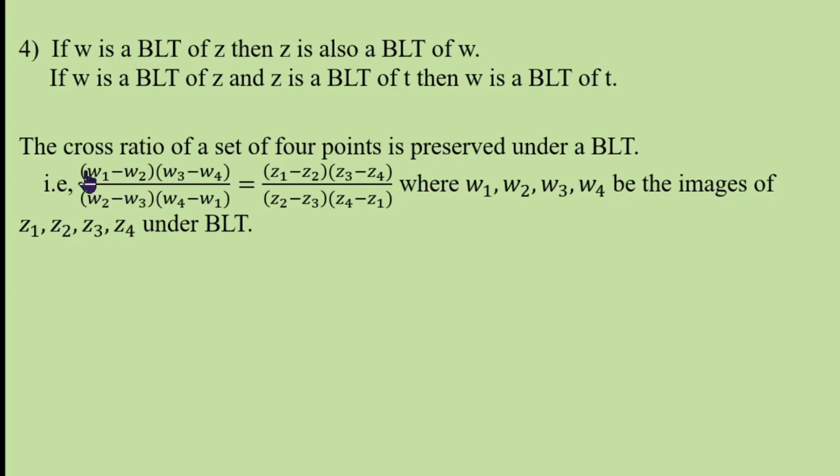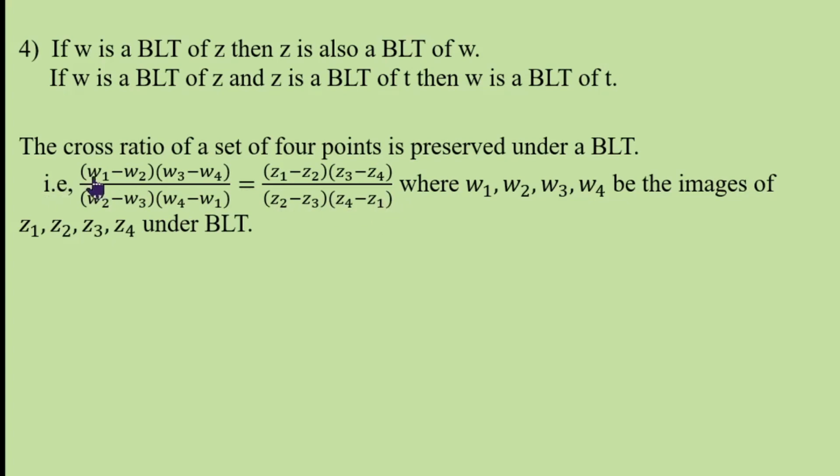Replace W1 by W: (W minus W1) into (W2 minus W3) divided by (W1 minus W2) into (W3 minus W) is equal to (Z minus Z1) into (Z2 minus Z3) divided by (Z1 minus Z2) into (Z3 minus Z).